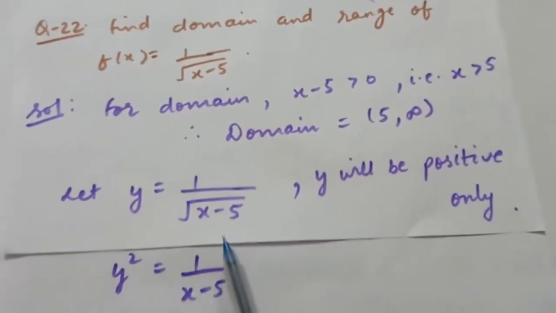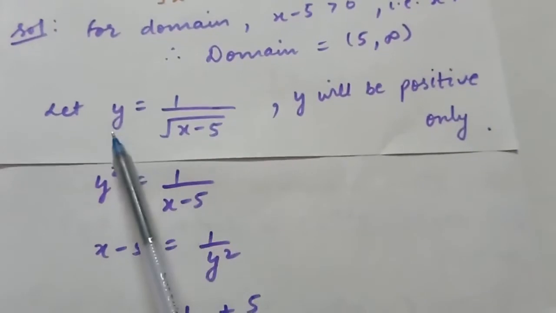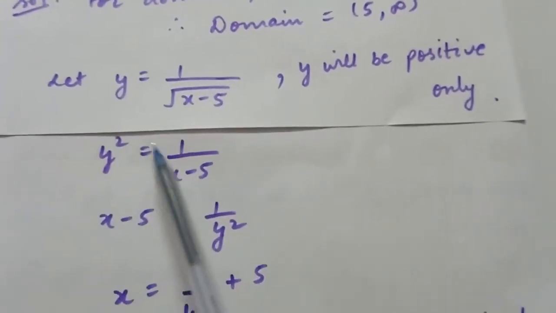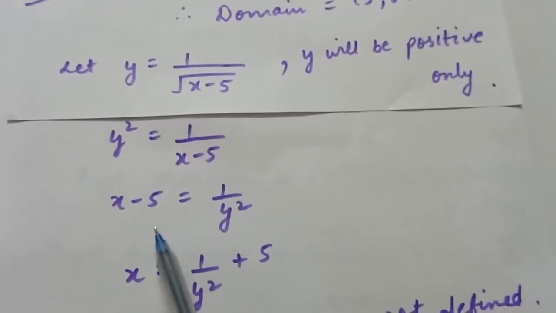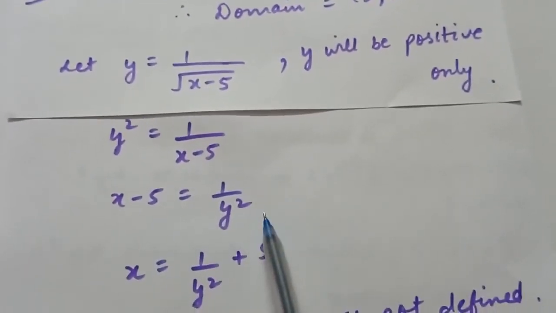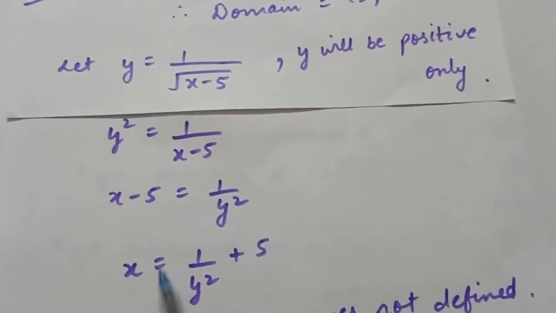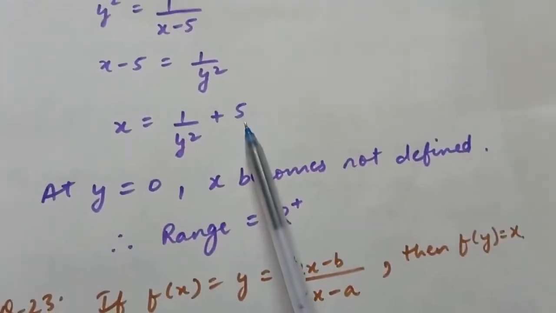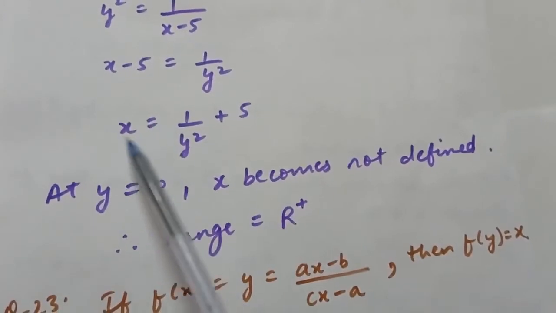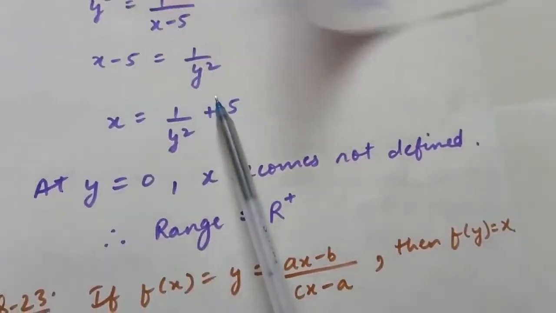So squaring both the sides, y square is equal to 1 upon x minus 5. Then x minus 5 is equal to 1 upon y square. So x is equal to 1 upon y square plus 5. Now see, we know x is a real number from 5 to infinity.